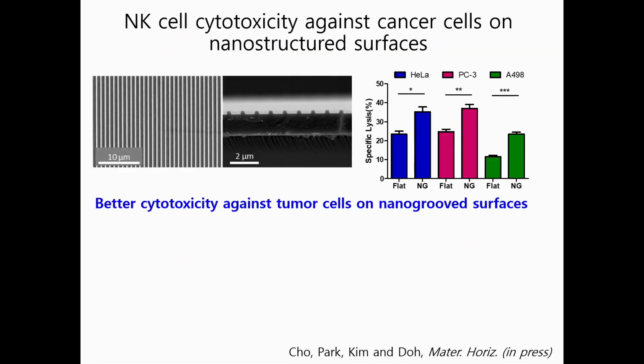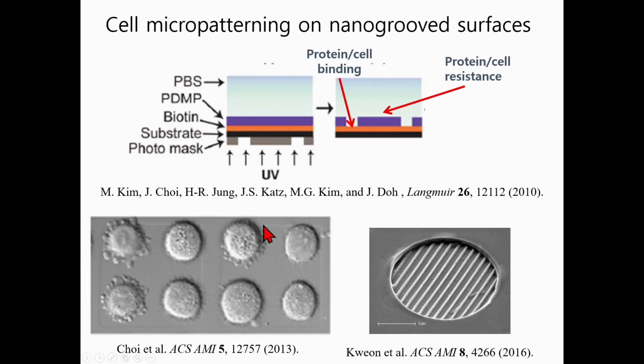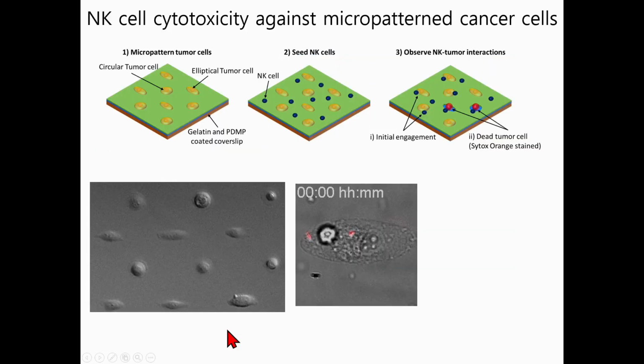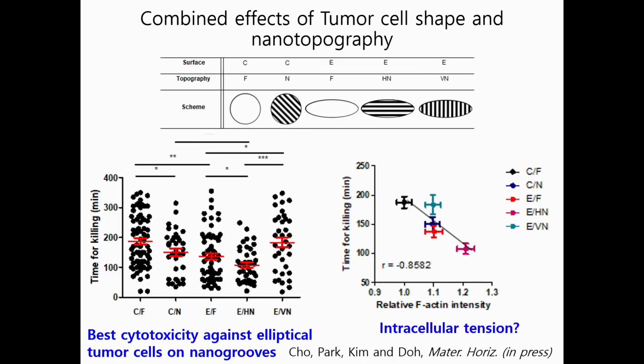But we explored the nanoscale structure by collagen. I will skip many things because of time. We can also control cell shape. We can make it round or elongated, or we can change shape and topography at the same time. So we made micro patterns of cells and observed their killing. Let me just show you we got some similar results.